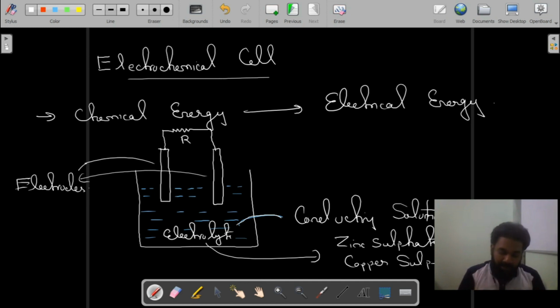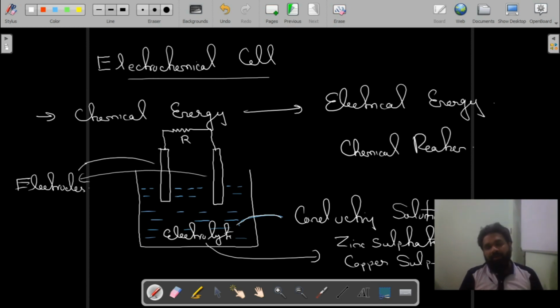A chemical reaction will happen. When a chemical reaction occurs, it will liberate energy. That energy will be utilized in the circuits. The chemical reaction happens and chemical energy is converted into electrical energy. This is what is happening in an electrochemical cell.